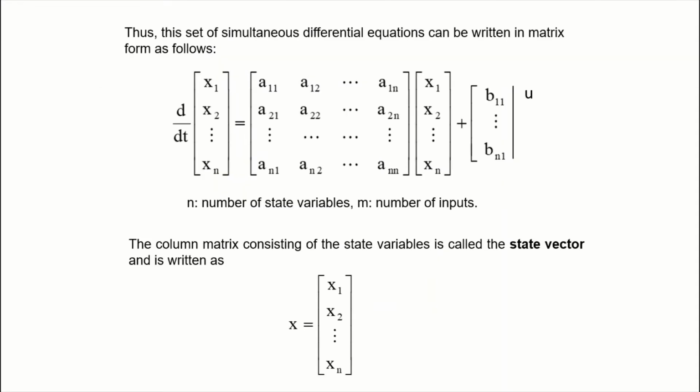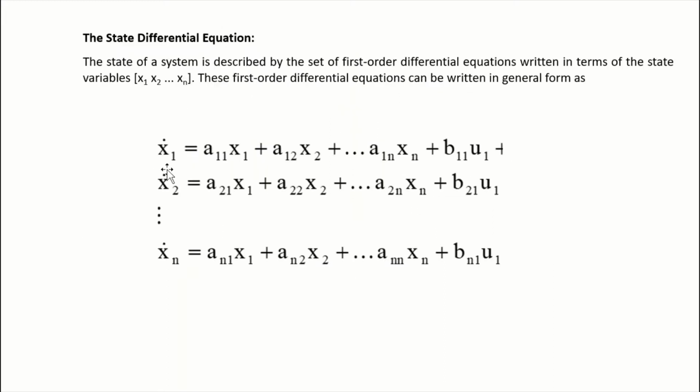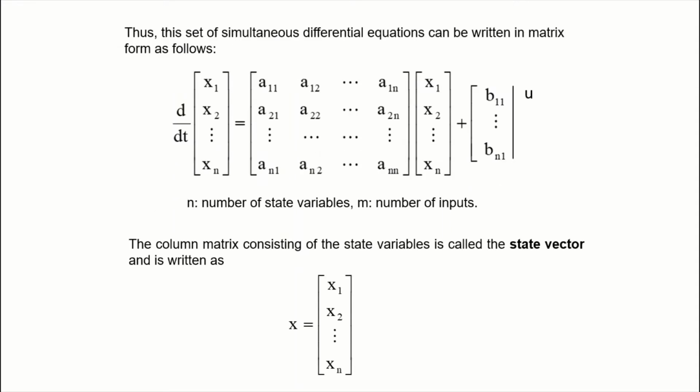Now we could write these in matrix form simply by saying that x1 dot is dx1, and then we could say a11 times x1, a12 times x2, down to a1n times xn, plus b11 times u1.